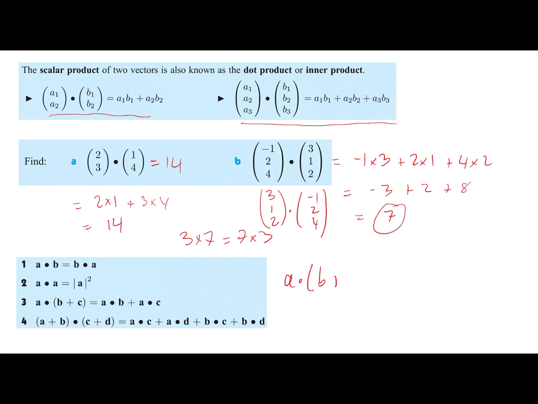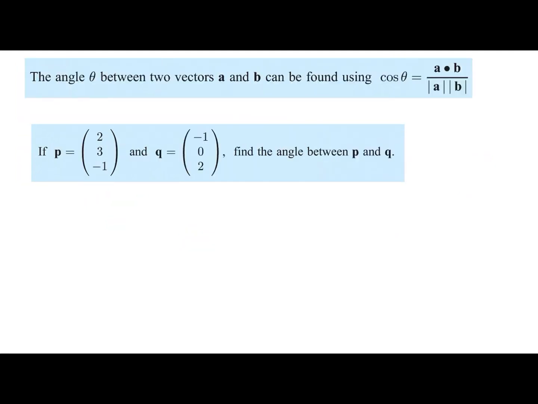And we can distribute things as well, just like with brackets. So A dot B plus C is equal to the dot product of AB plus the dot product of AC, and the same with double brackets. You can expand the brackets and work just like normal algebra. So this is what is known as the dot product. It's a way of multiplying two vectors together such that the answer you get is a number.